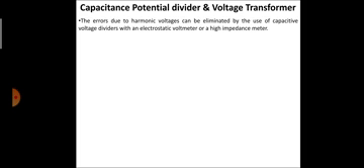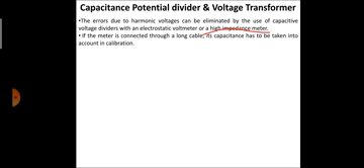Now the errors due to harmonic voltages can be eliminated by the use of capacitance voltage dividers with an electrostatic voltmeter or a high impedance meter. We can use a high impedance meter such as an electrostatic voltmeter. Now, if the meter is connected through a long cable, its capacitance has to be taken into account for calibration.